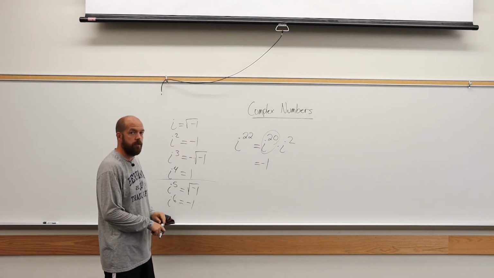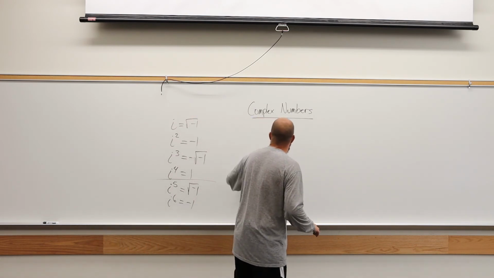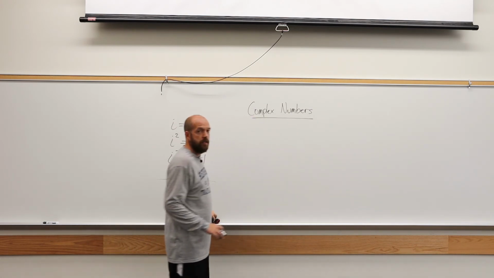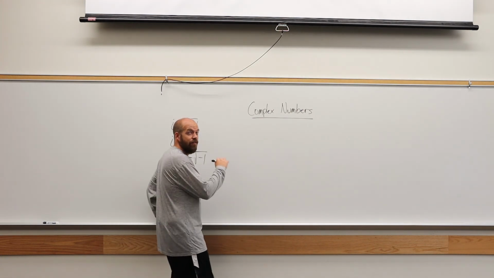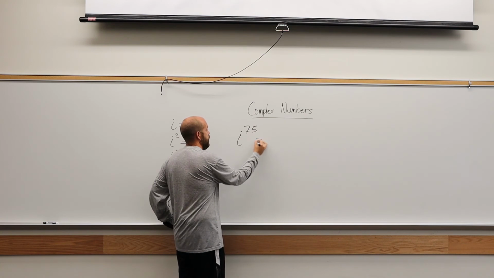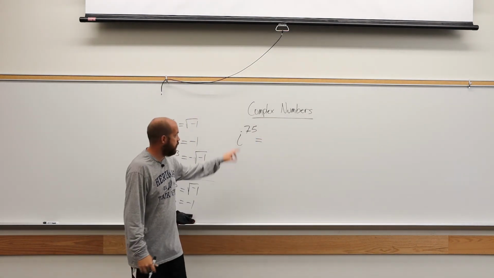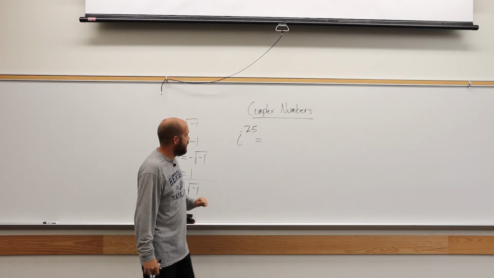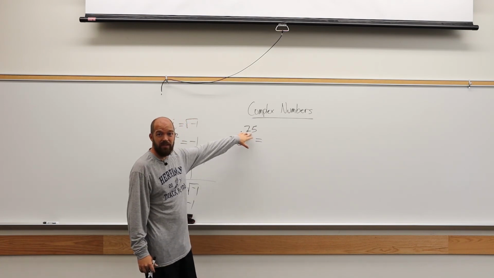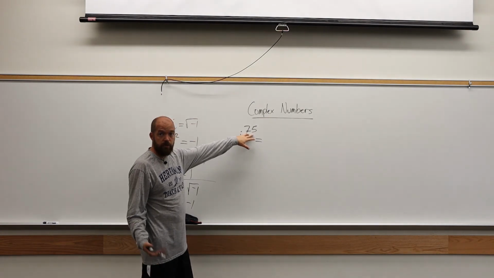Let's do another one. Give me a random number. i to the 75th power. Good one. I like it. So we want the closest multiple of 4 I can think of. So 4 goes into this how many times? Well, let's see. 8 goes into 72. So if 8 goes into 72, that means 4 does also.